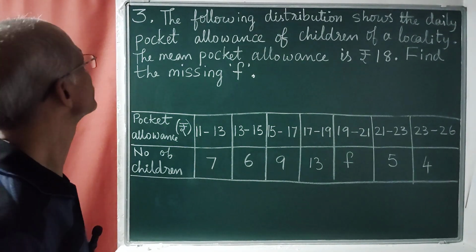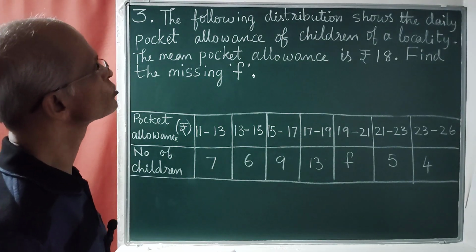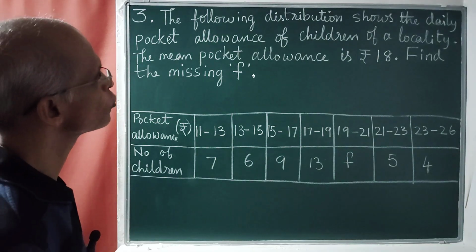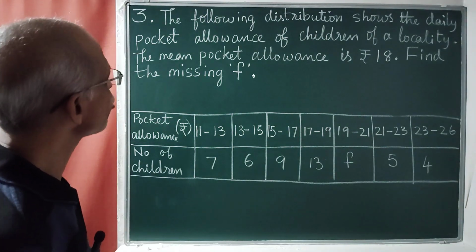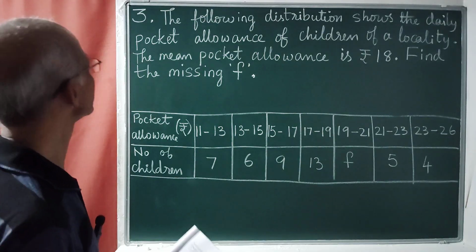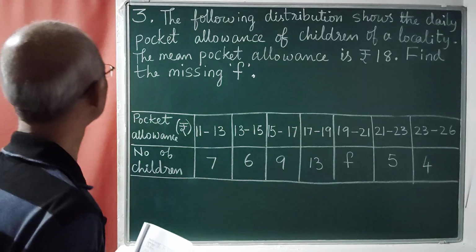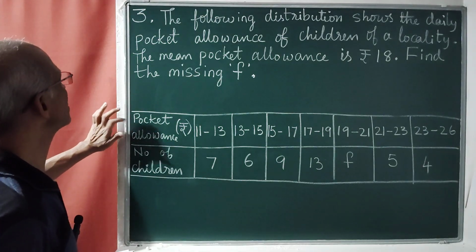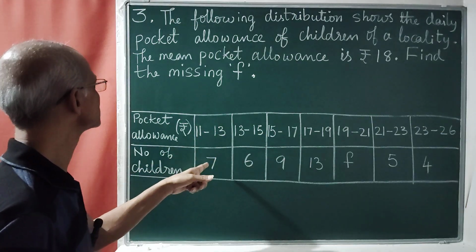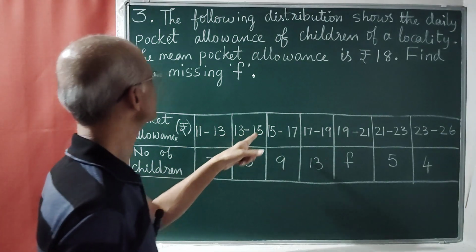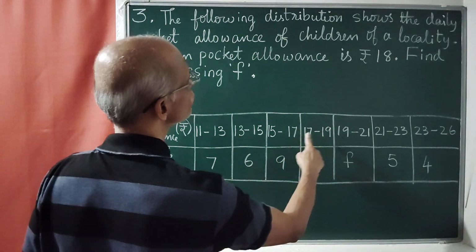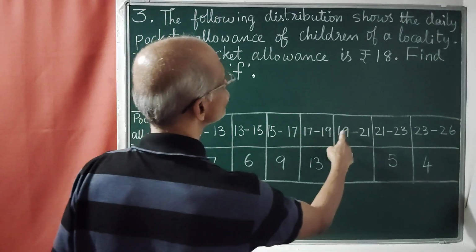Question 3. The following distribution shows the daily pocket allowance of children of a locality. The mean pocket allowance is rupees 18. Find the missing f. So they are given the data. The daily pocket allowance 11 to 13, 7 children get it. 13 to 15, 6 people get it. 15 to 17, 9 people get it. 17 to 19, 13 people. 19 to 21, f.